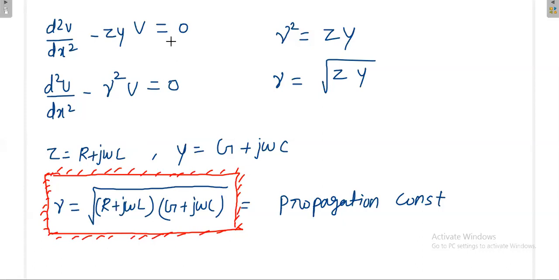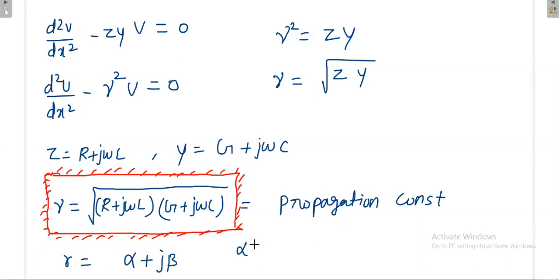Gamma can be written in terms of alpha and beta, where alpha is the attenuation constant and beta is the phase constant. So gamma is equal to alpha plus j beta.